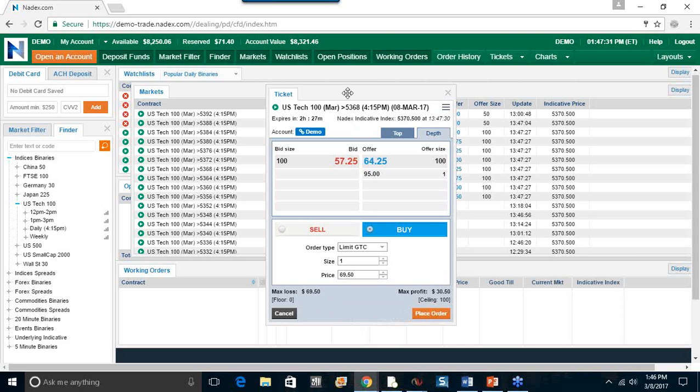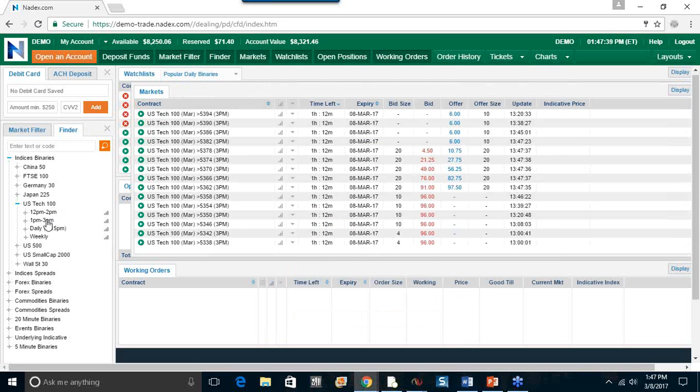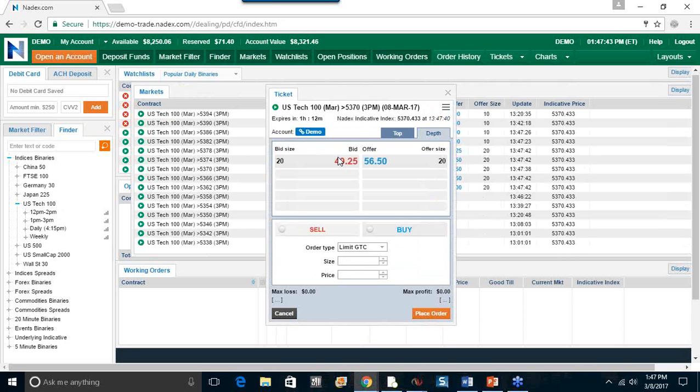Risking 70. If the market comes down to 53.68, meaning the market is right at my strike price, like in this example here, what can I approximately sell it for and get out of it? For about 50 bucks, right?